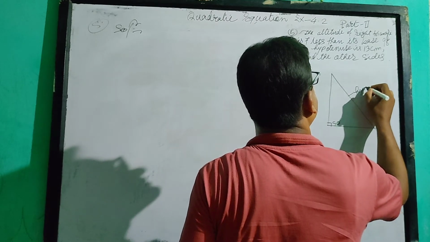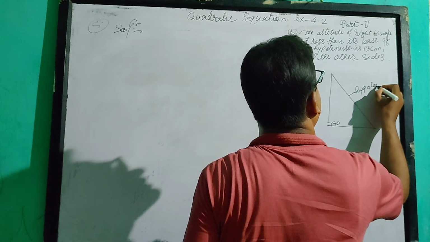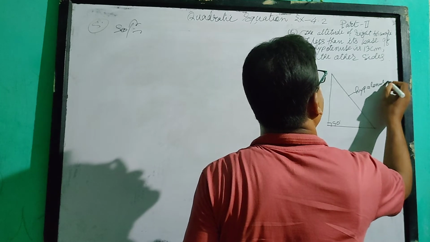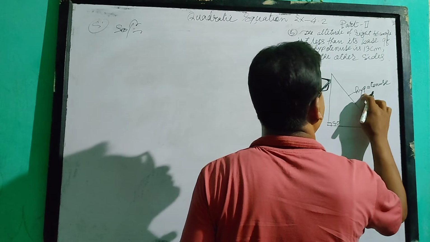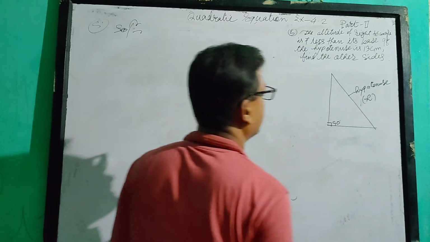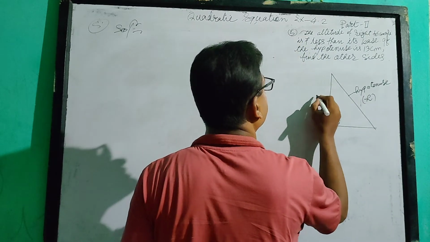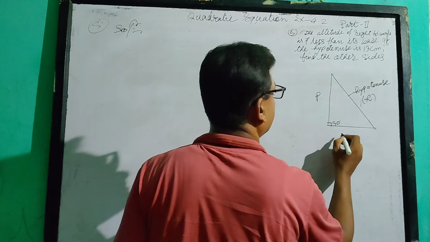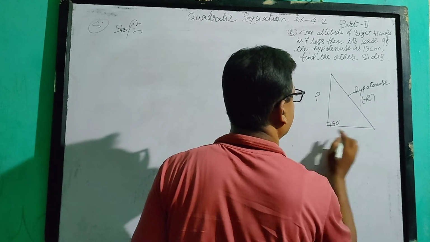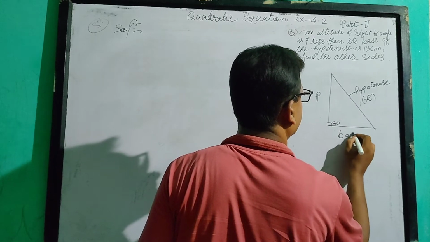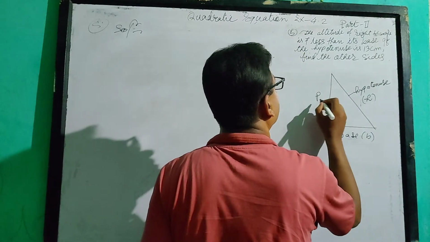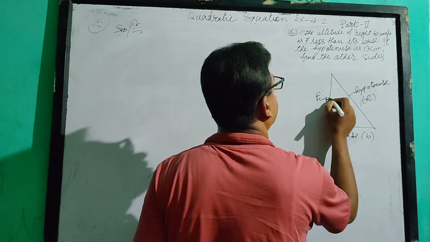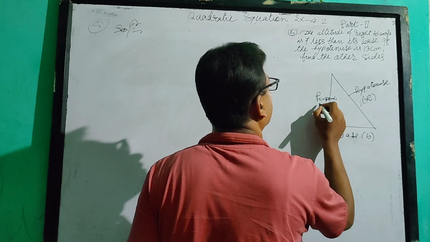The hypotenuse, H. Another one is the perpendicular, and the third one is the base. Base B, and perpendicular P.